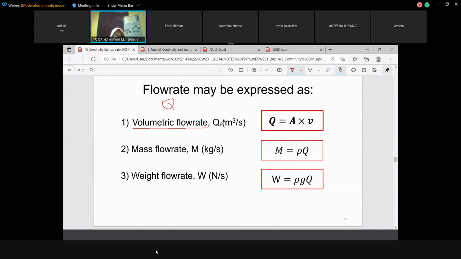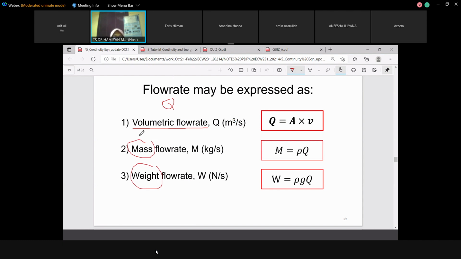Unless question ask you to find the mass ataupun weight flow rate, baru dia consider sebagai flow rate yang lain. Kalau tak ada perkataan mass dengan weight ni, maksudnya it is referring to volumetric flow rate.